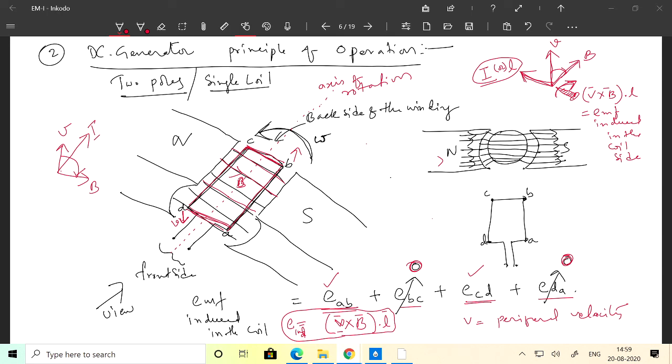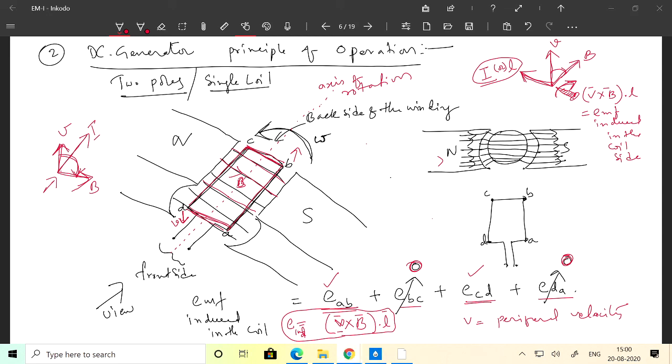For coil side AB, the coil is moving up and the flux direction is B, so V cross B makes the screw go inside.